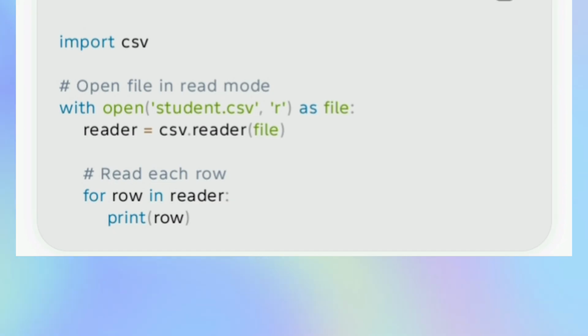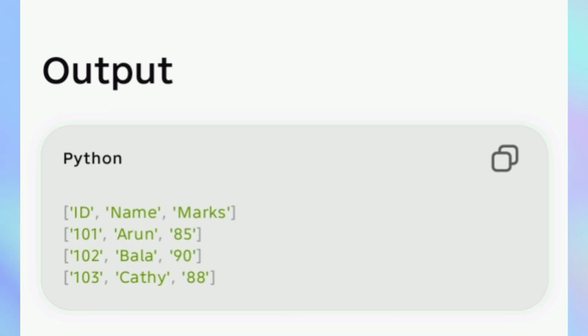Once we use with open, there is no need to close the file; it will close automatically. Output: id, name, marks; 101, Arun, 85; 102, Bala, 90; 103, Kathy, 88.